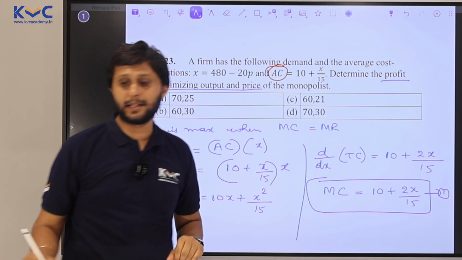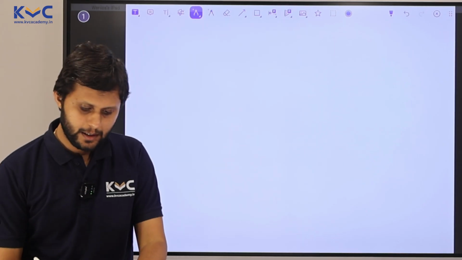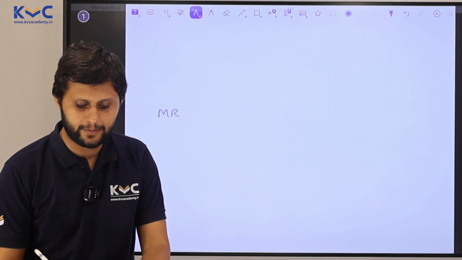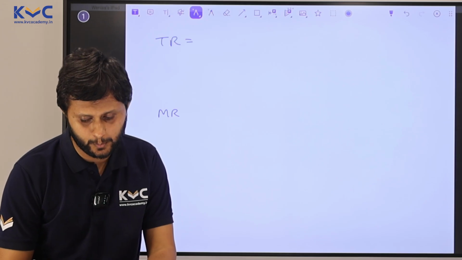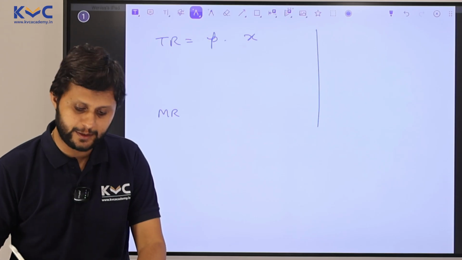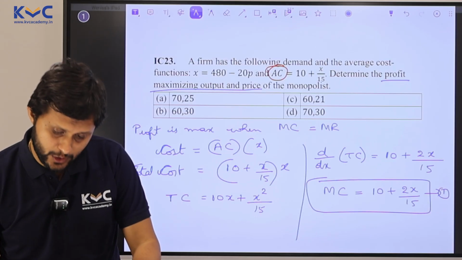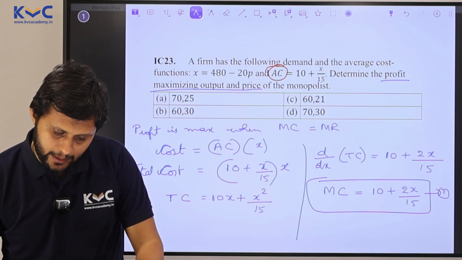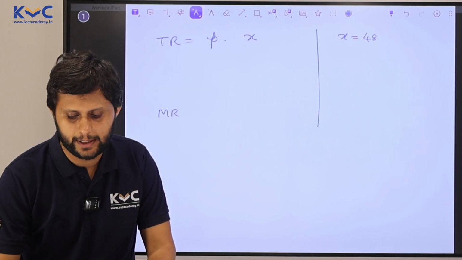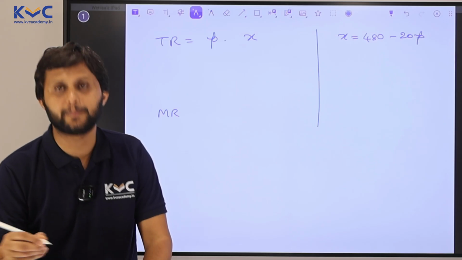Now I need marginal revenue. To get that, first we need revenue. Total revenue is equal to P into X. So I need the value of P first. P is how much? X is equal to 480 minus 20P.